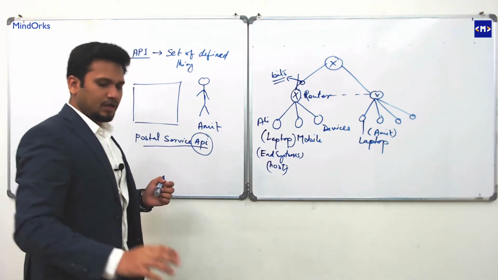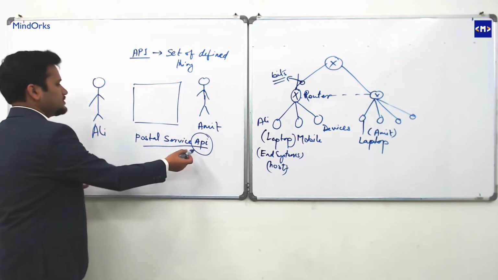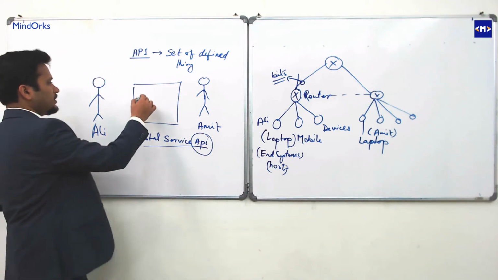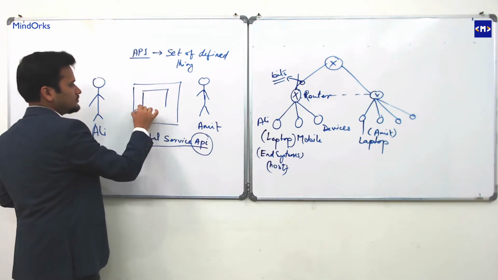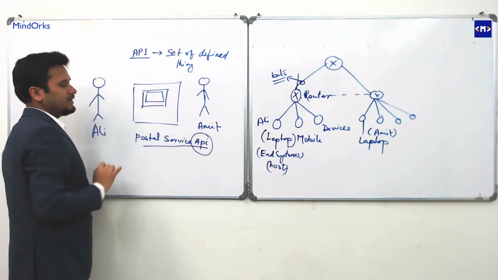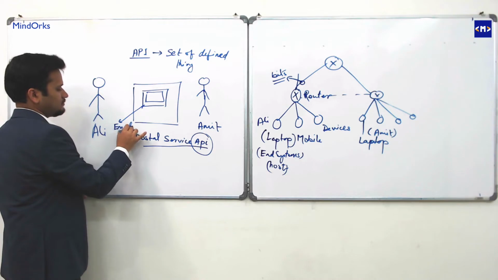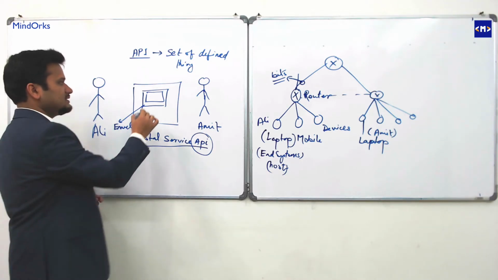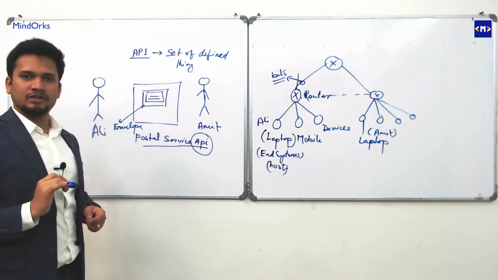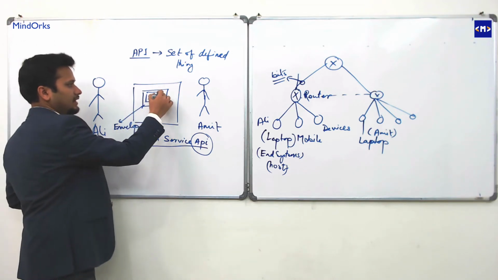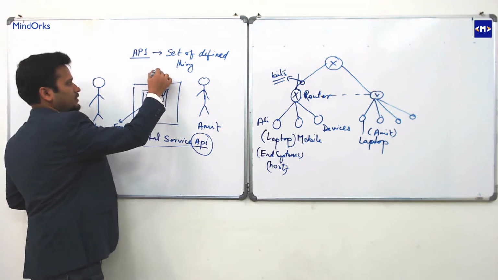Now this postal service API requires me to first pack my letter in an envelope, write the name of the receiver in the center and add a stamp on the top right.